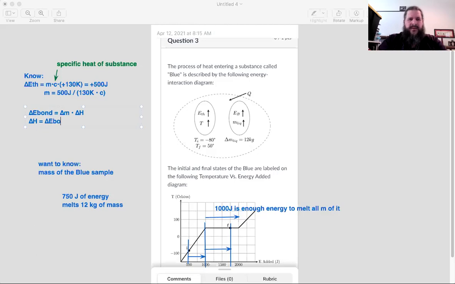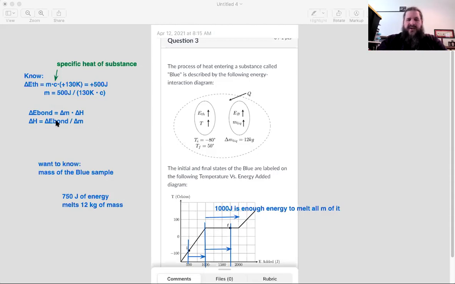Yeah, delta E bond divided by delta M, because we'd have to divide both sides by delta mass to figure that out. So you could think of delta H as a ratio. Delta H, the heat of melting or heat of vaporization, is defined as how much energy it costs divided by how much of the mass changes as a result. And we know that delta H is the same whether you're melting some of it or melting all of it.